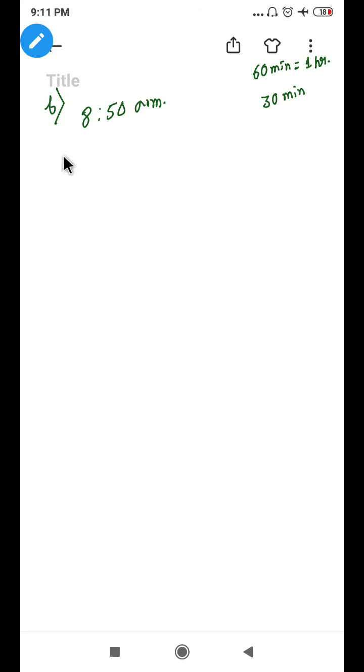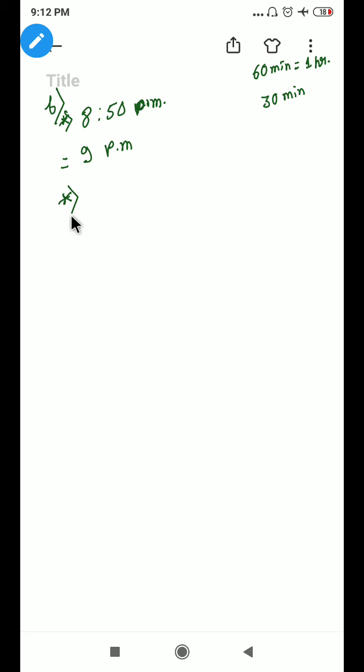Now look at this one: the minutes are greater than or equal to 30, so you have to add 1 to this 8. It will be 9 PM. Now look at another example.